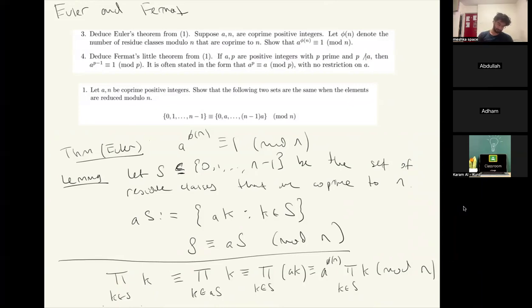Okay, great. So this is looking very good. We have this and this are equal. How do we finish the proof? We just subtract the product from both sides. Subtract?